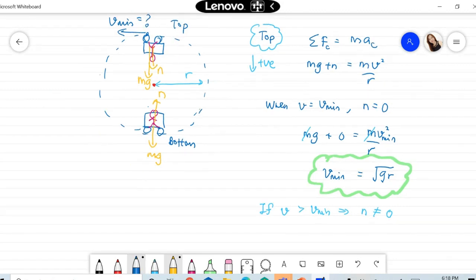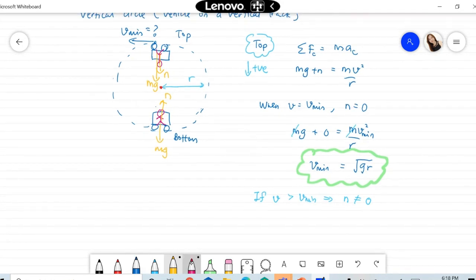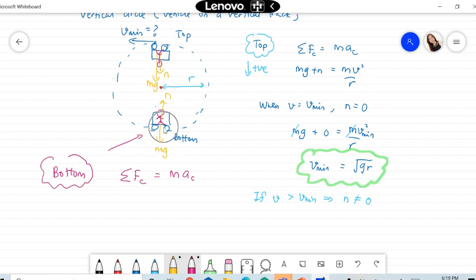So at the bottom of the car, we can also apply Newton's law. So at the bottom, at this point, summation of F is equal to mac. This force is a centripetal force. Now when the car is at the bottom, we know that ac is always directed towards the center. So towards the center, when the car is at the bottom, is pointed upward, and therefore I use upward as positive.